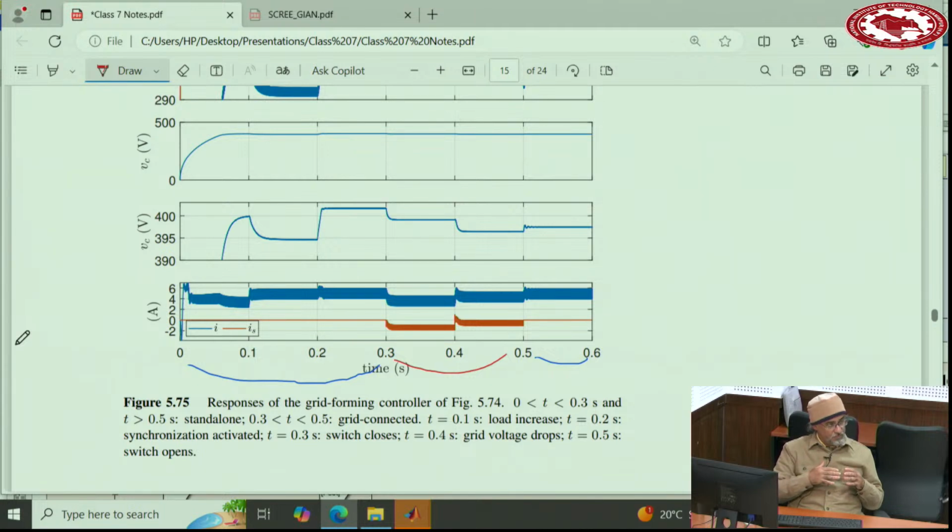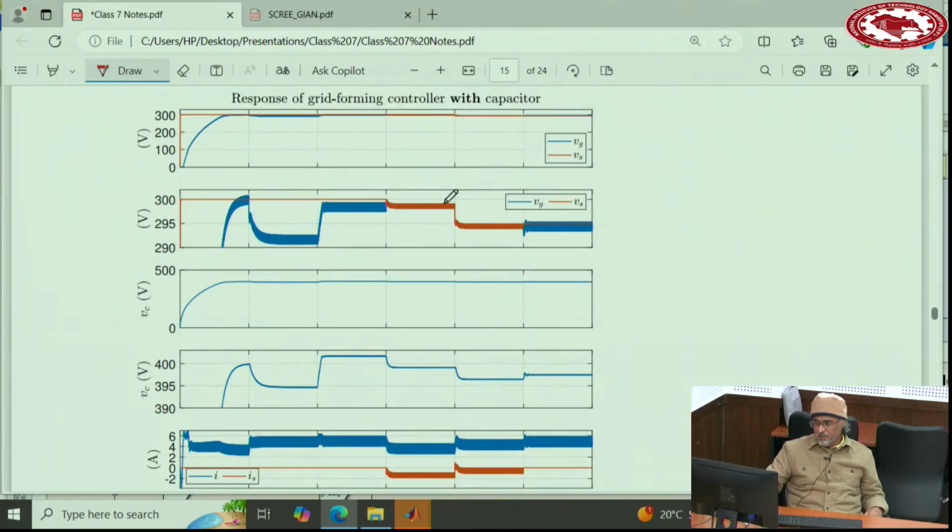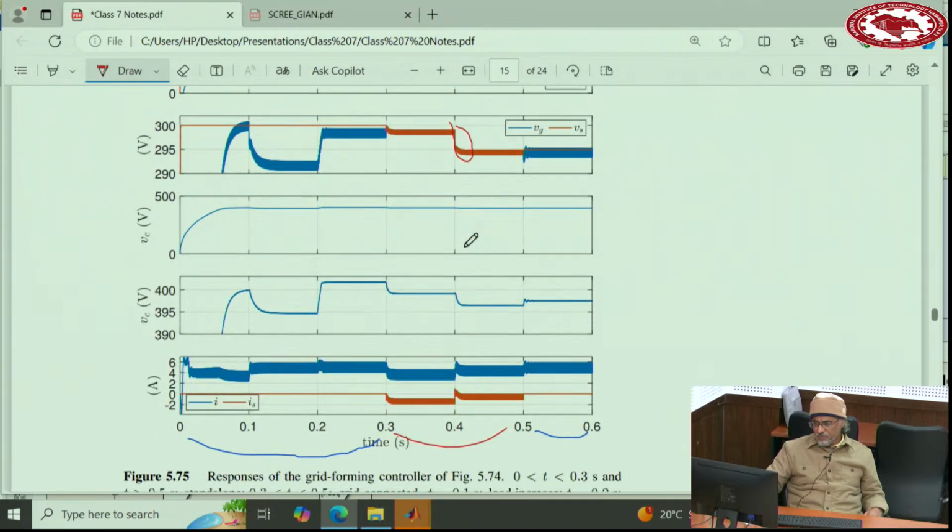And you should get a grid supportive function. So for instance, when the grid voltage drops here, the converter should provide more power or more current, which is true, you see. This is a grid supportive function.